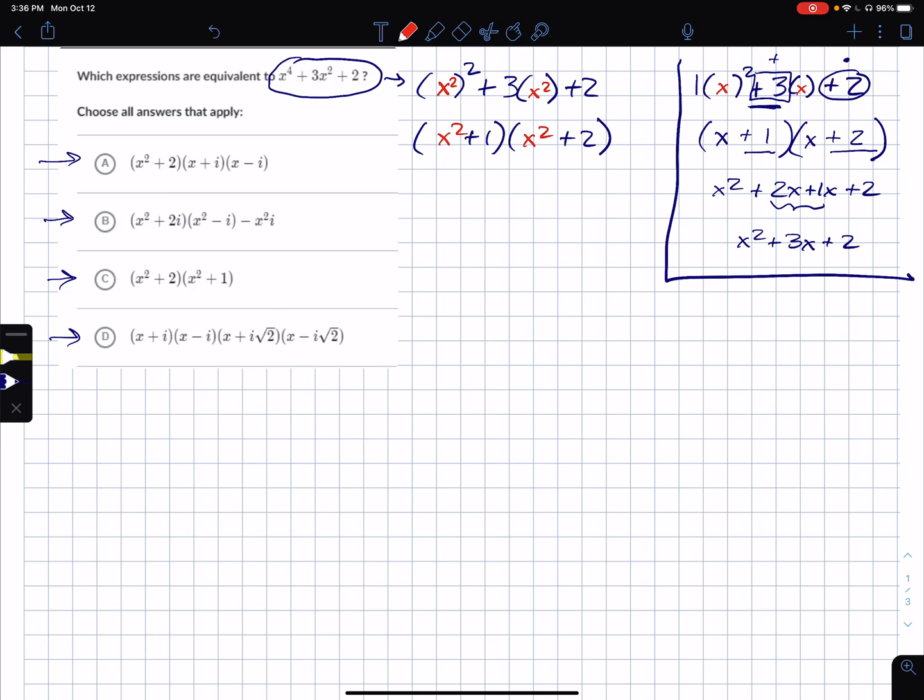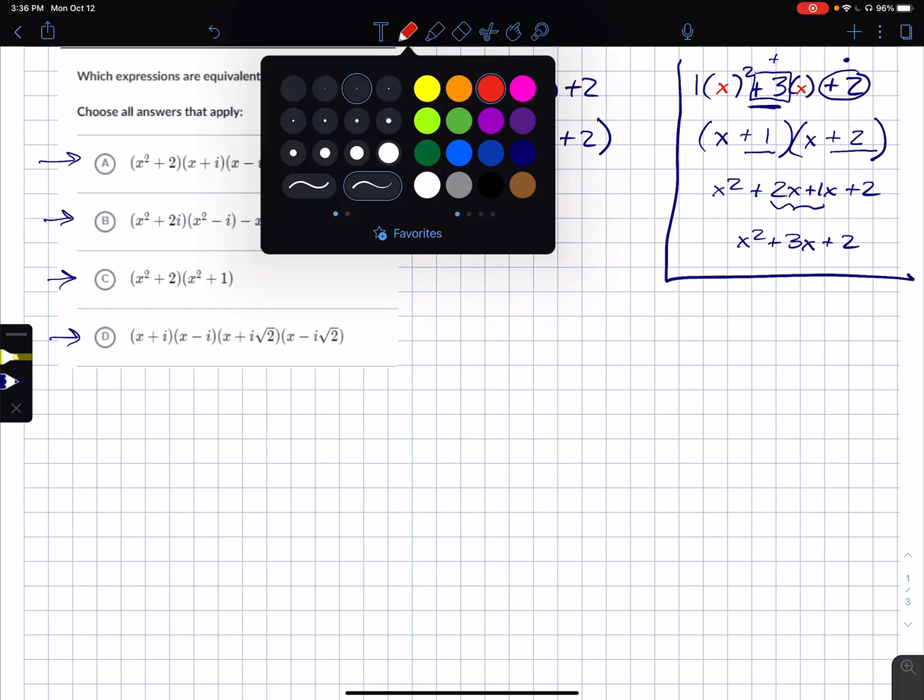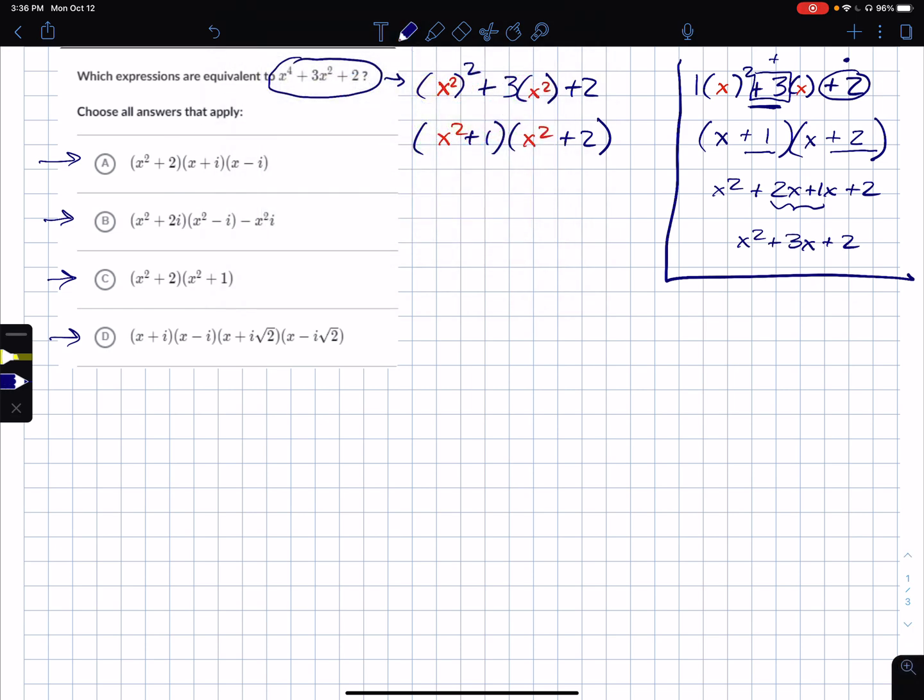So that's kind of a leap for people right at first to realize, oh, if my highest degree term is even powered, and then that middle term in the trinomial is exactly half the power, then I can possibly use this kind of factor pattern.